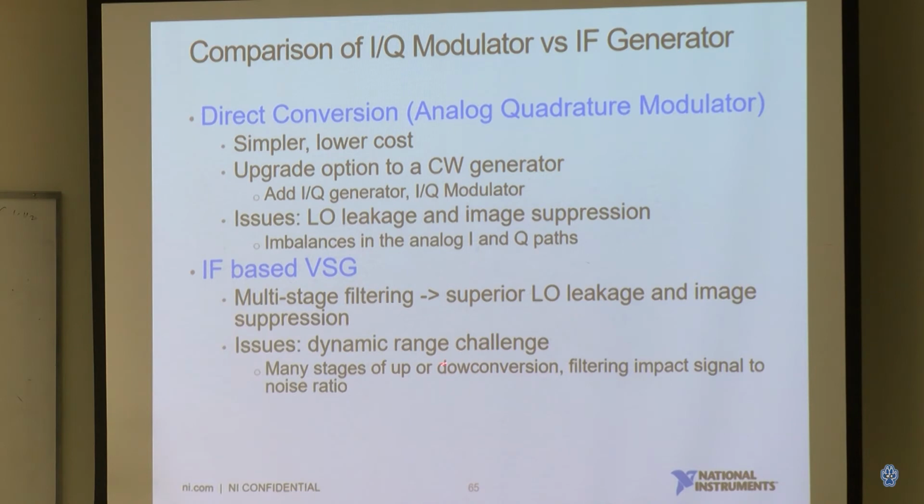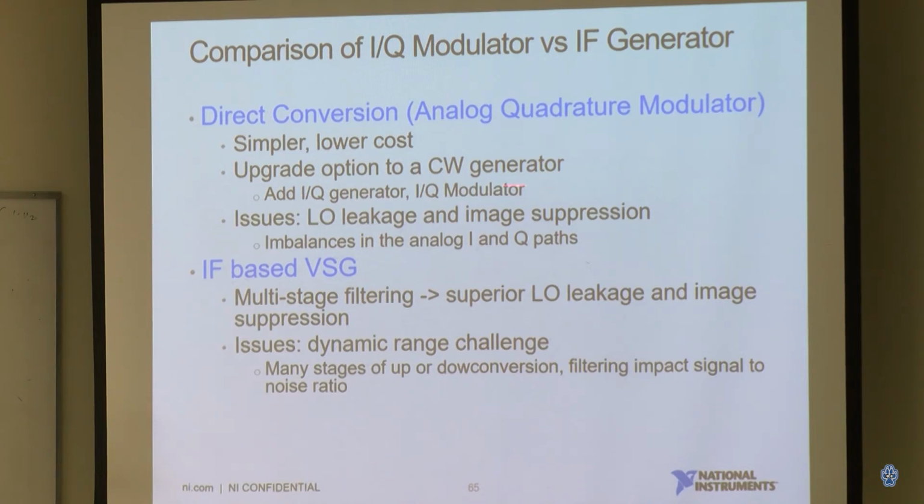And you will see here, different methods have different issues. Like when you're using direct conversion to generate a high frequency, you have IQ impairment. And IQ impairment also has other terms called LO leakage and image suppression.